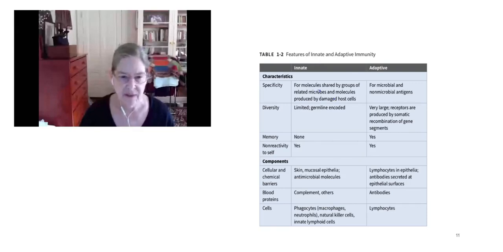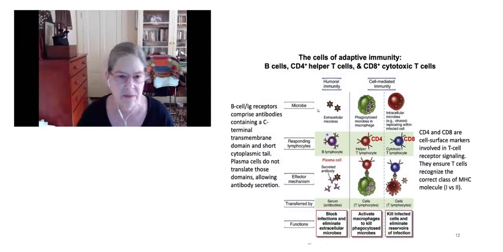So I think I've gone through this again, but the innate and adaptive immune systems are therefore working together. The innate response is going to precede the adaptive one. And again, the cells of the adaptive immune response, now that we just went through the innate immune response, are going to be the B cells that, when they respond to antigen, become what are called plasma cells that then secrete antibody, and they also become memory B cells that remember the response so they can respond again.